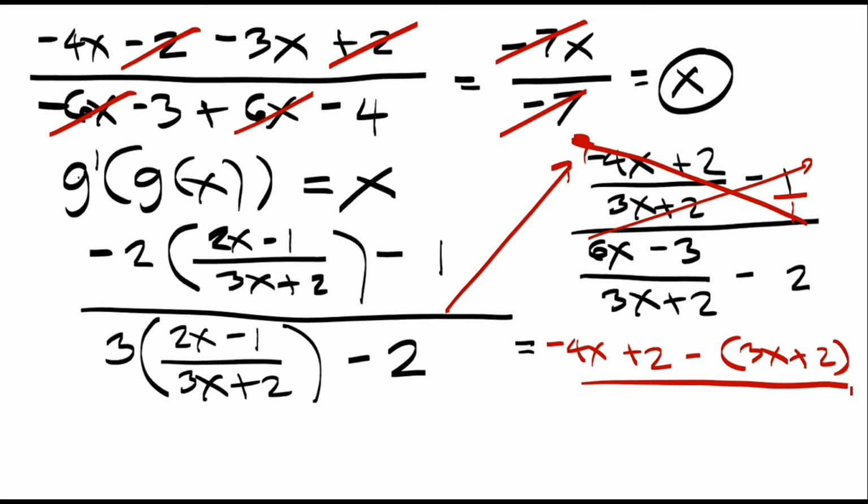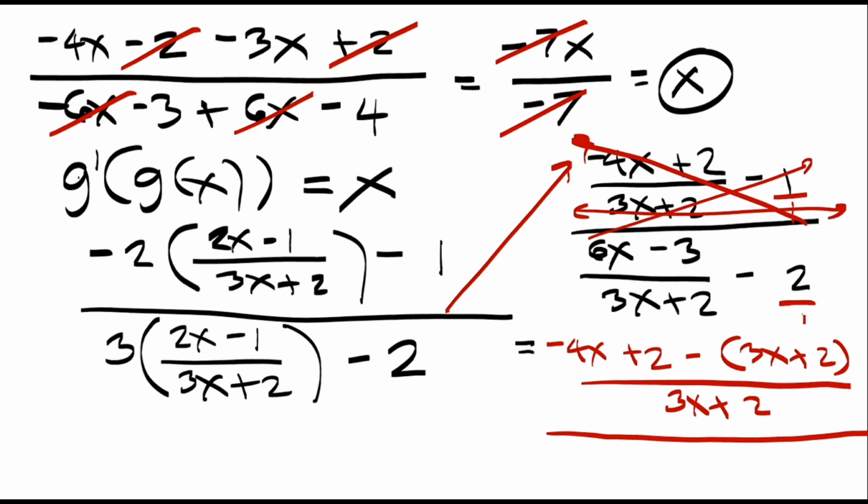This all over 3x plus 2 times 1, that is 3x plus 2. And then all over our denominator, so do the same thing, cross multiply. So 1 times 6x minus 3 is 6x minus 3. And then minus 3x plus 2 times negative 2 is minus 2 times 3x plus 2.